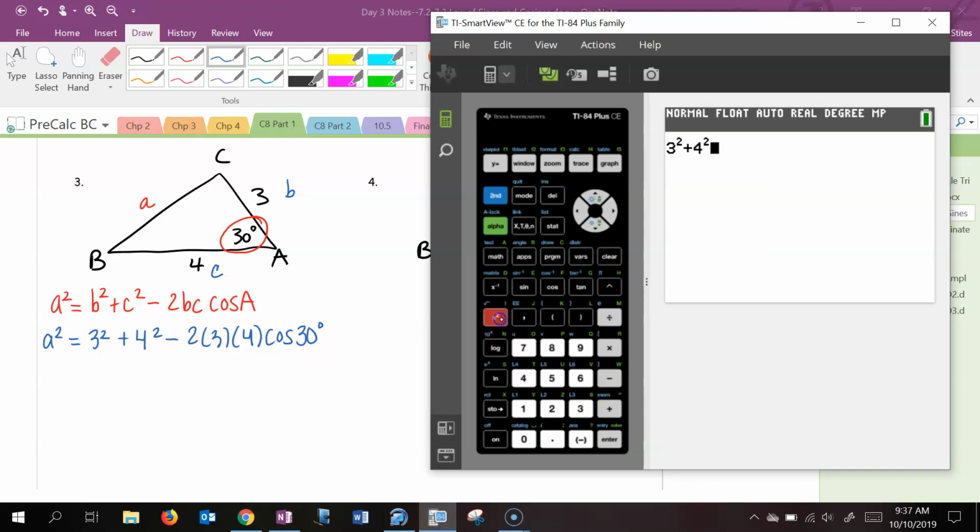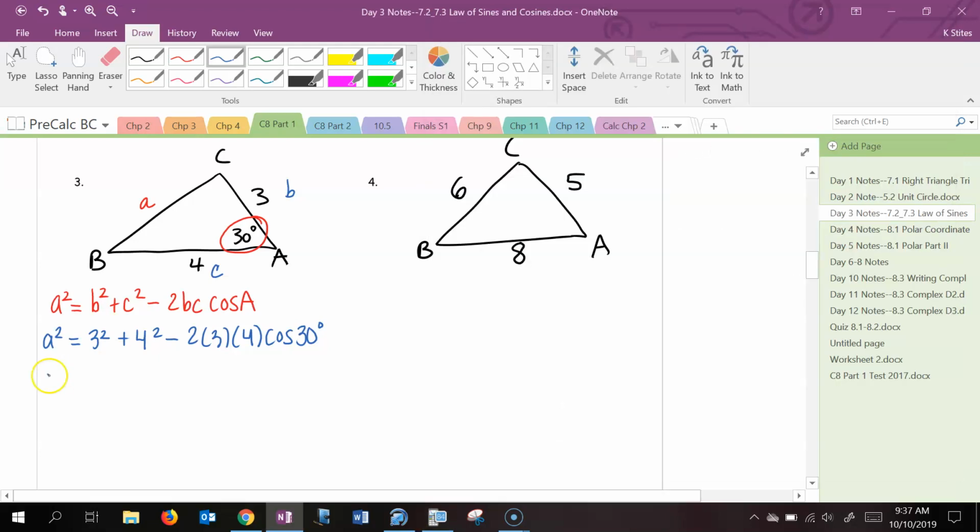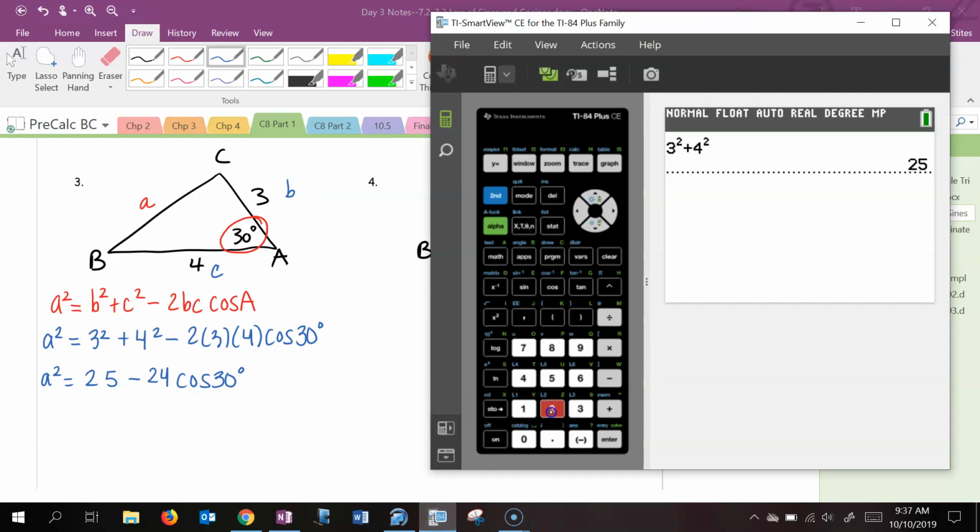I guess I don't need to type that in. But if you feel like it, you can. 2 times 3 is 6, times 4 is 24 cosine 30. Okay, so I just simplified it a little bit, but you can just type the whole thing in at once if you want. And cosine of 30 would be root 3 over 2, but we're going to get a decimal answer anyways.